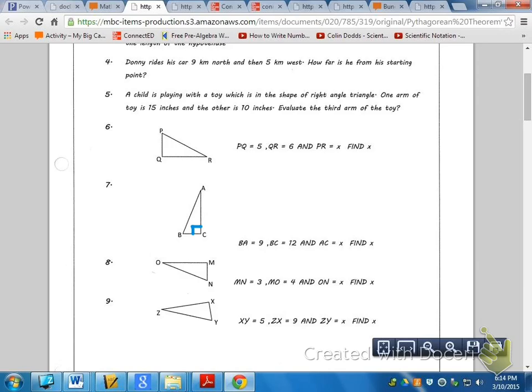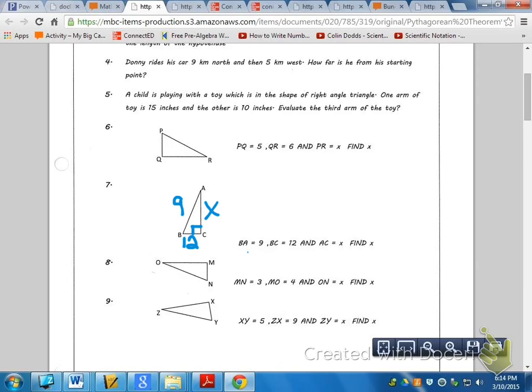So my right angle would be there at C. It says that BA is 9. Well, if I look at BA, there's 9. BC is 12, and AC is X. Now, I hope you realize this is not drawn to scale. I can't even imagine why they did that.